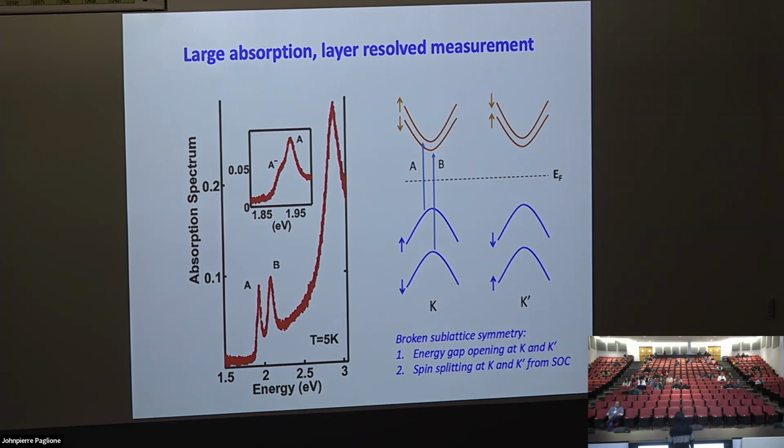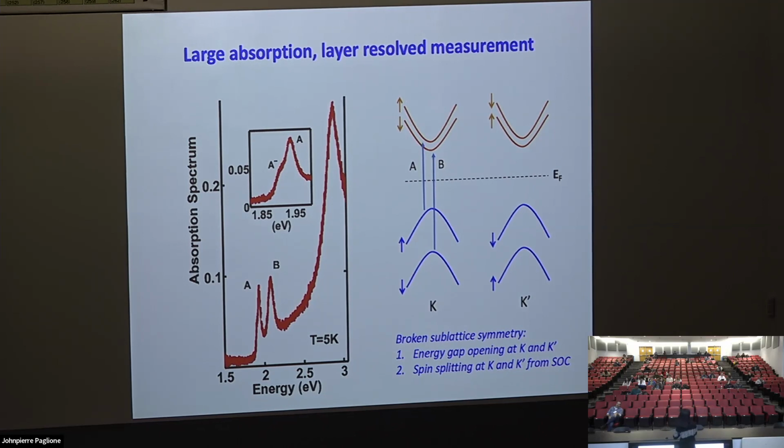When we work with moiré materials, we are very interested in the low energy physics. Therefore, you don't need to worry too much about the second valence band. So pretty much let's forget about the B exciton.